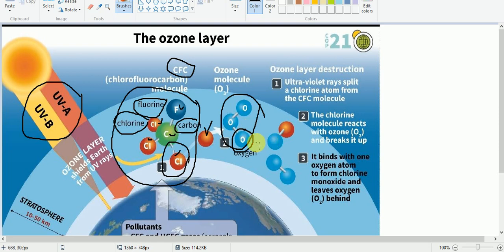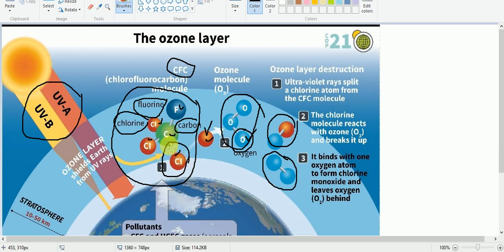This atomic oxygen binds with the chlorine atom to form chlorine monoxide and leaves O2 behind. So in this way oxygen is left behind.